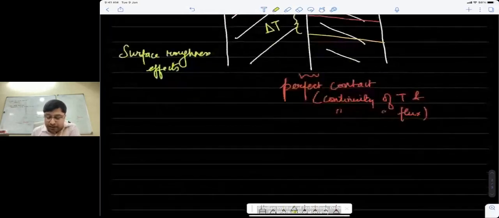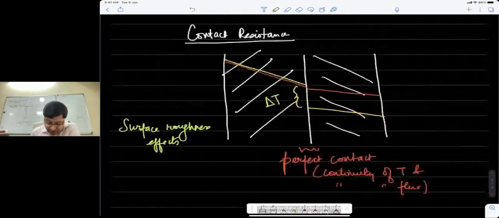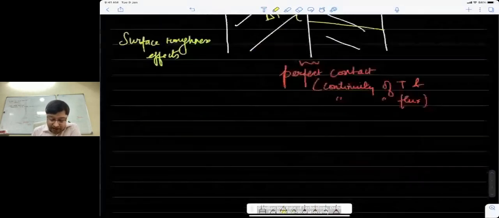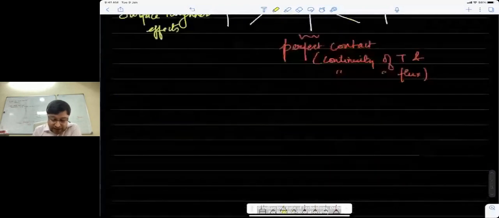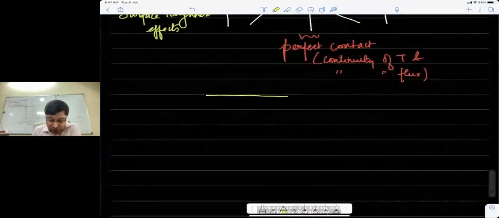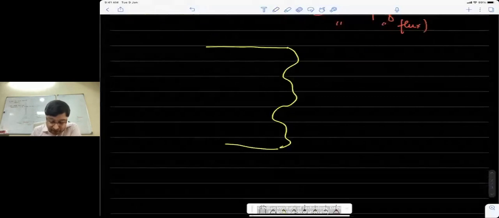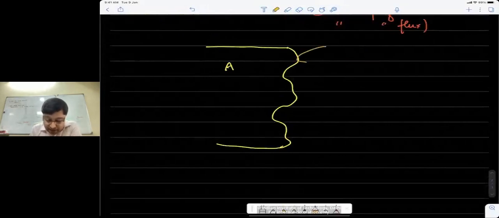Microscopically, if I look at these bodies, maybe A and B, I'm going to draw a small portion of it. Surface A has some irregular features on the surface. Okay, this is surface A, and surface B also has its own irregularities. So maybe something like that.